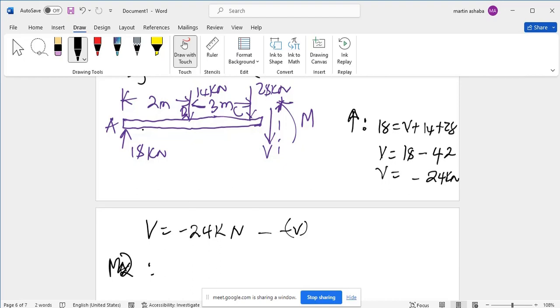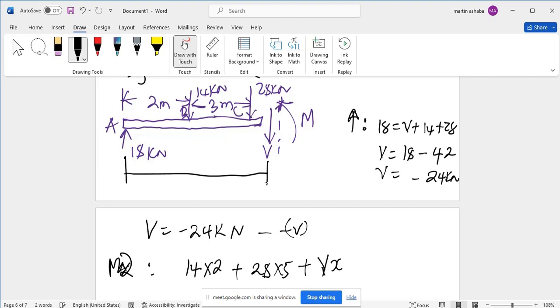When we take clockwise moments, holding here, I will have clockwise moments being 14 times 2 plus 28 times 5 plus V times X. Because from here to the line of action of the shear force V, we are calling it distance X at this segment, which we called X3.